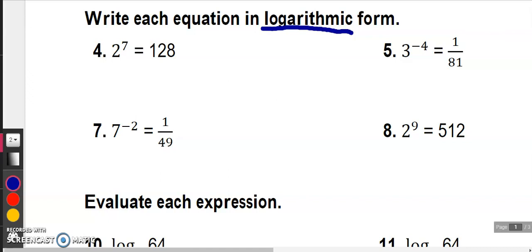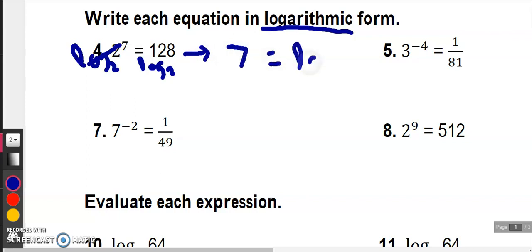So since I see 2 to the power of 7, I know that my logarithm needs to have a 2 next to it. And so whatever I put on one side needs to also go to the other. So my logarithm form would be 7 equals log base 2 of 128.